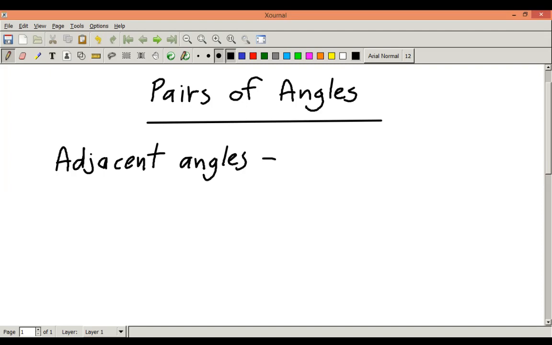The everyday usage of adjacent just means next to, and that's kind of what we have here, but let me give you a mathematical definition of adjacent angles. First of all, they're two angles in the same plane.